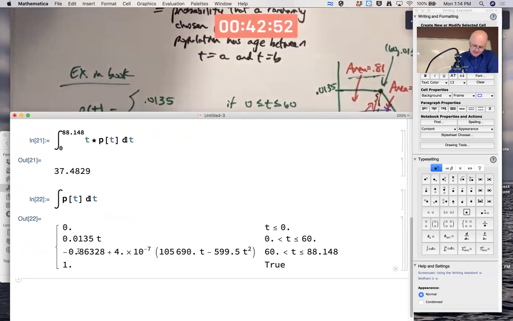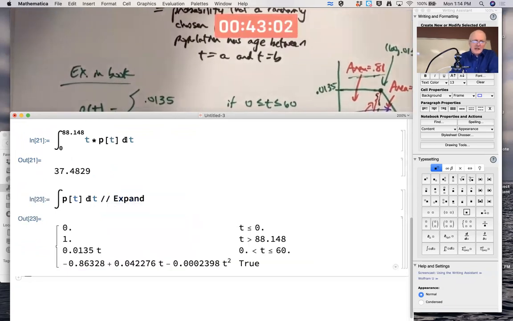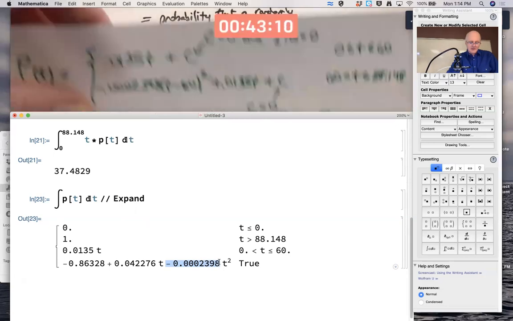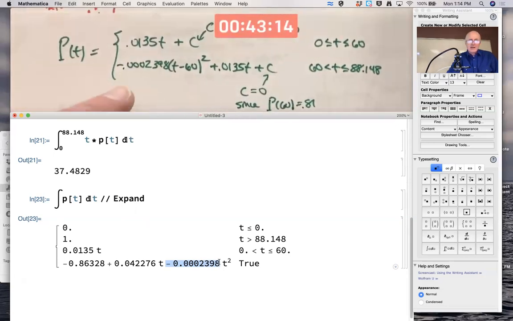This doesn't look the same as what I wrote, but it should simplify to the same thing. Tiny number there. It's writing it in kind of a strange way. Maybe if I expand. You could confirm things. And here's our negative 0.000239, just like I have there.